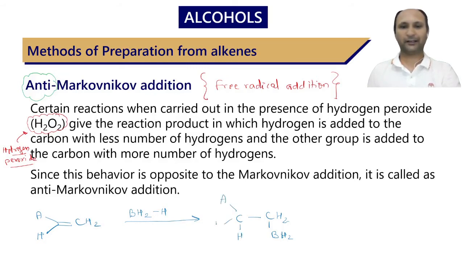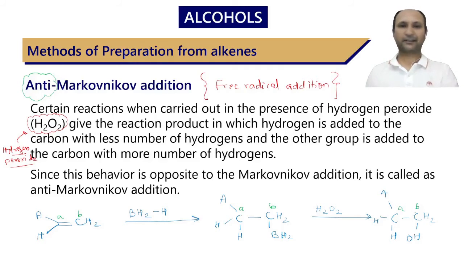So this is A and this is H, and in the next reaction it is going to react with H2O2, and we are going to get the product which contains OH here and H here. And you have A and you have H here already. So we have this as carbon number A, this as carbon number B, this as A, this as B, and this as A, and this as B. So definitely the product is just opposite to what we had seen for oxymercuration-demercuration.